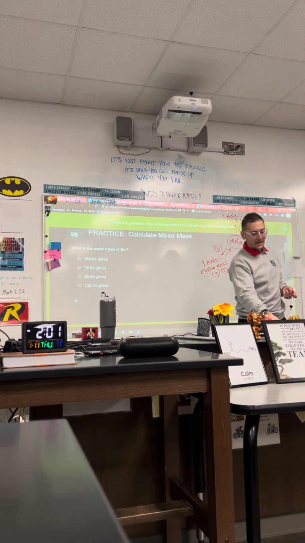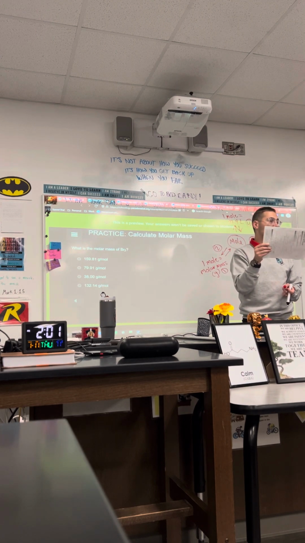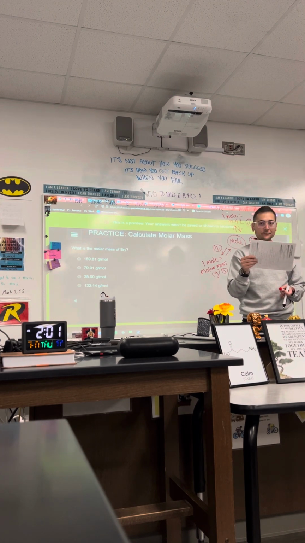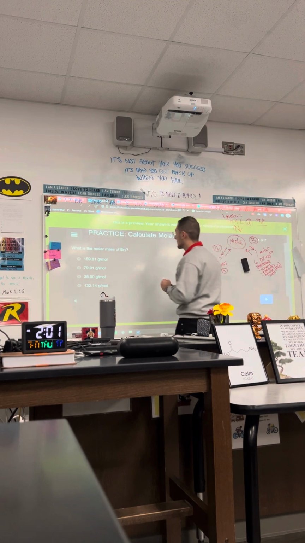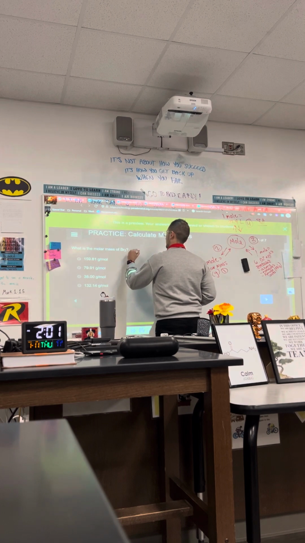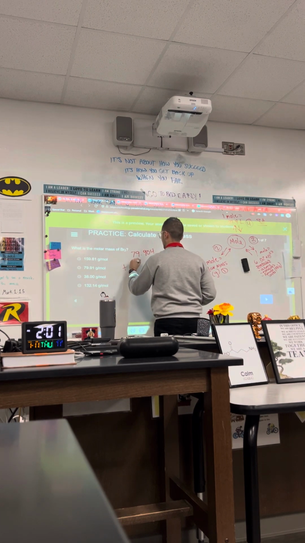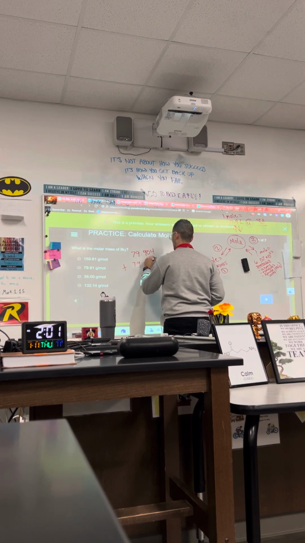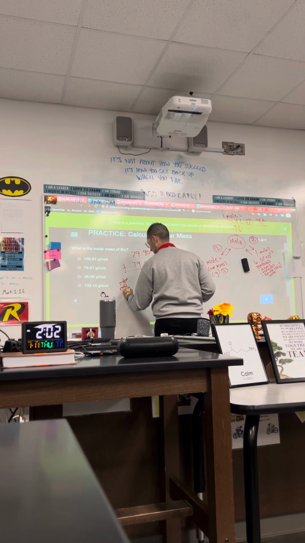In order to get the mass, we go to the mass of bromine, 79.904 in the periodic table, and we add it up. 79.904 plus 79.904. This will equal the molar mass of Br2.